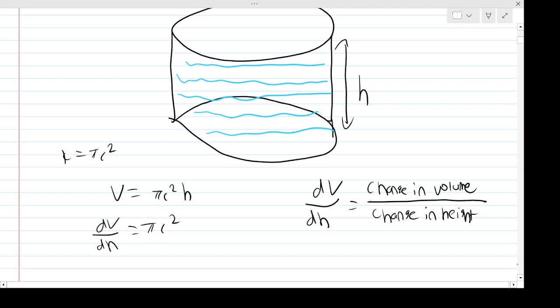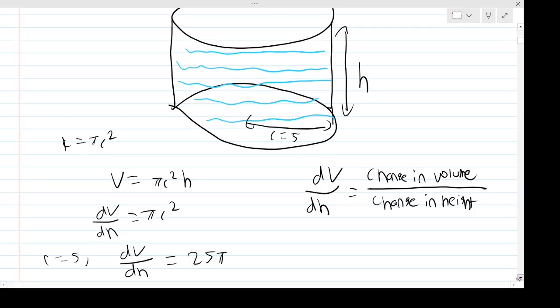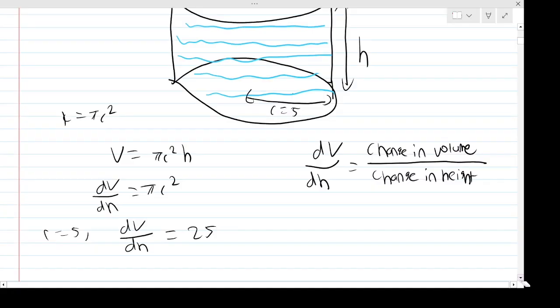So that tells me the expression for the change in the volume when the height changes in my paddling pool is equivalent to pi r squared, the radius at that point. So, let's say r is 5. Then dV/dH is going to be 25 pi.